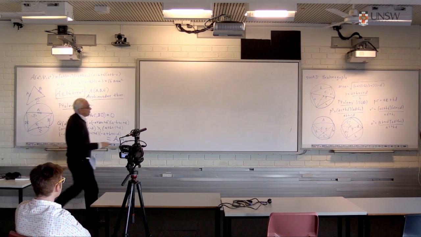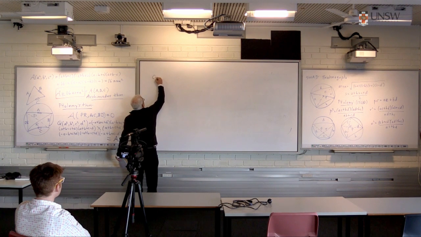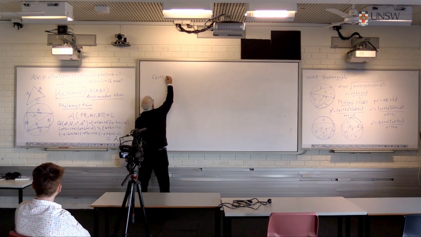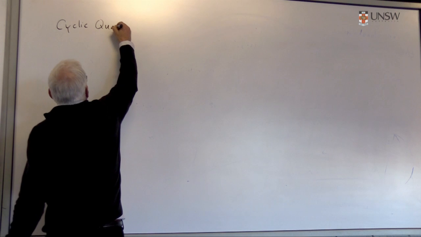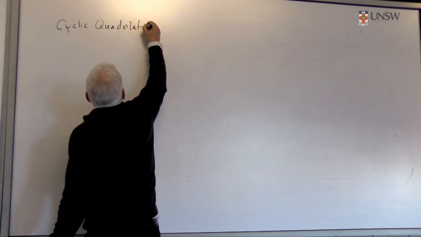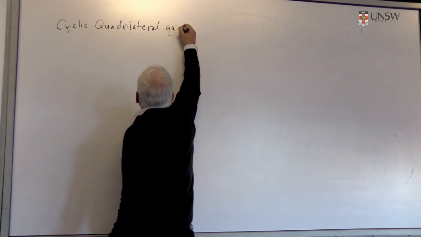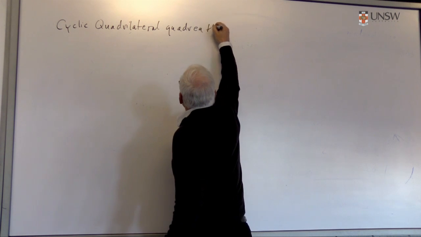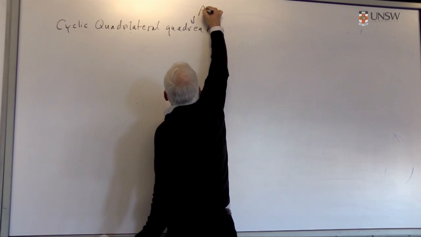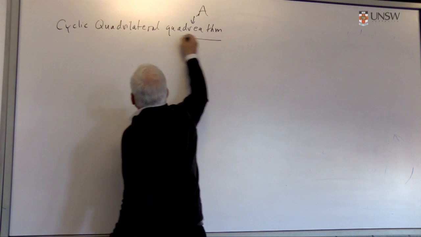Okay, so I can now give you a modern version of Brahmagupta's formula. The cyclic quadrilateral quadria theorem. Quadria refers to this quantity A, which is 16 times the square of the area.